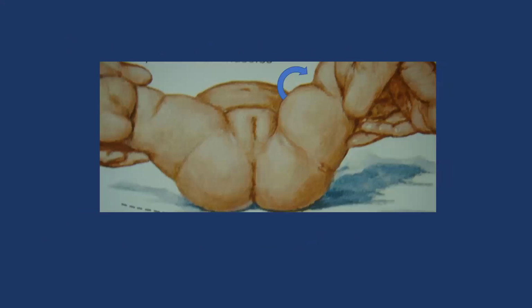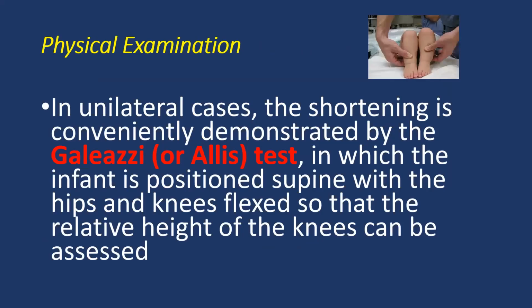This shows it further. Now, in unilateral cases, the shortening is conveniently demonstrated by the Galeazzi or Allis test. It's shown in the slide above, in which the infant is positioned supine with the hips and knees flexed so that the relative height of the knees can be assessed.